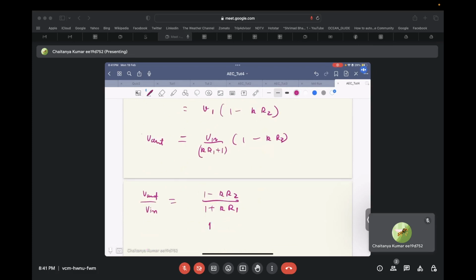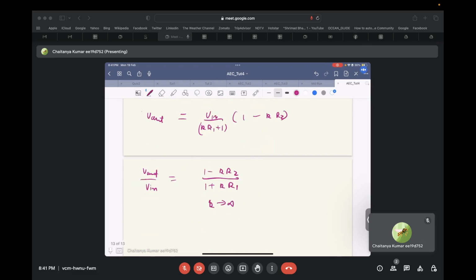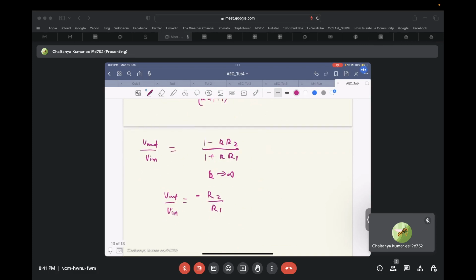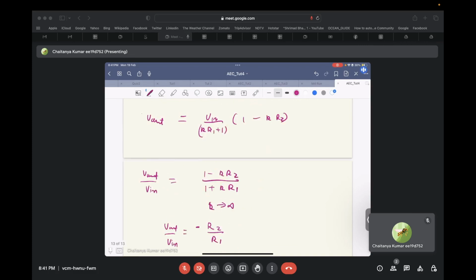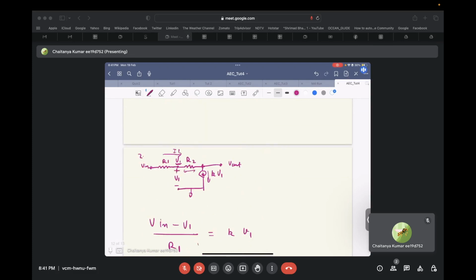Now again, if K tends to infinity, we get the value of V out by V in as minus R2 by R1. Okay, so again, the same principle, this is how we solve this circuit algebraically.